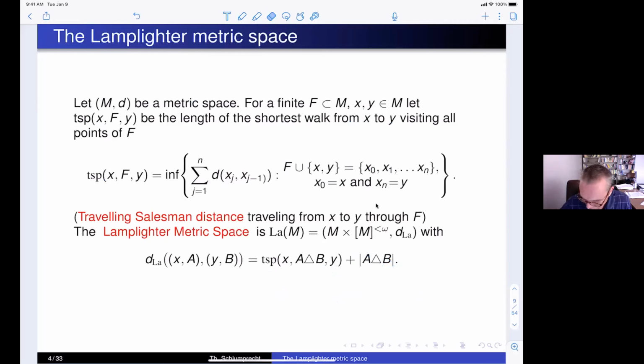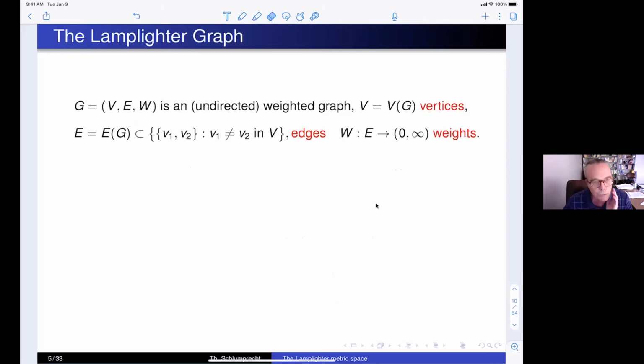which I want to explain now. So you start with a graph, and I'm considering a weighted graph. So it's a triple: you have the vertices, which are the points, then the edges, which are a subset of all subsets of 2 elements, and you give every edge a positive weight, which is then the distance.